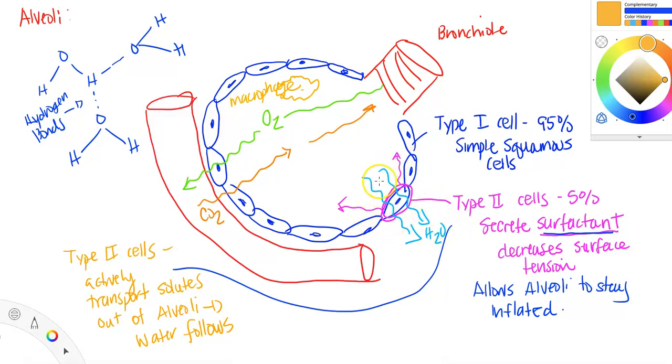And again, when solutes are pumped out, water follows, and the water leaves the alveoli as well. Because there is water coming in, if this didn't happen, we would end up drowning. The lung would fill up with water. So this keeps that from happening.